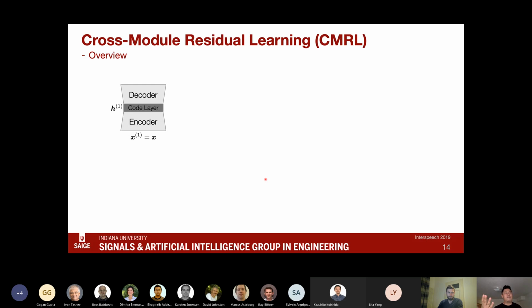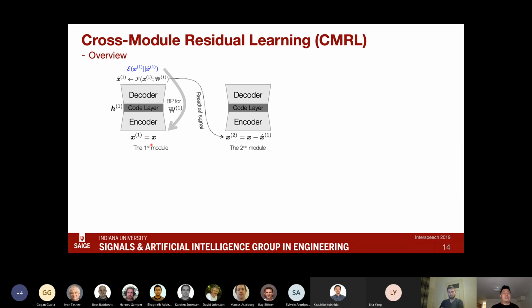I will just use this diagram to illustrate the data flow as I just talked about. The input is X. It goes through the encoder and the code layer, which gives me the code vector H, and the decoder predicts the input. From there, we don't make the model larger and deeper. We just stack another autoencoder with the same topology. The second autoencoder takes the residual as the input.